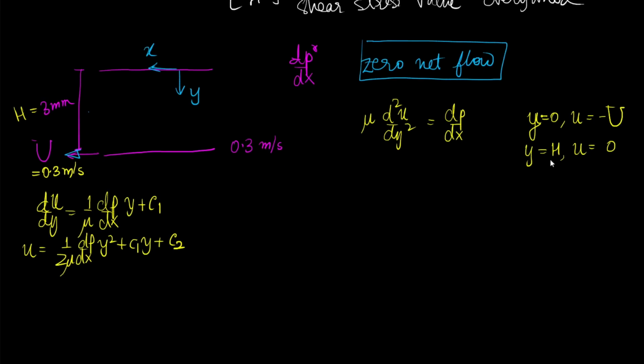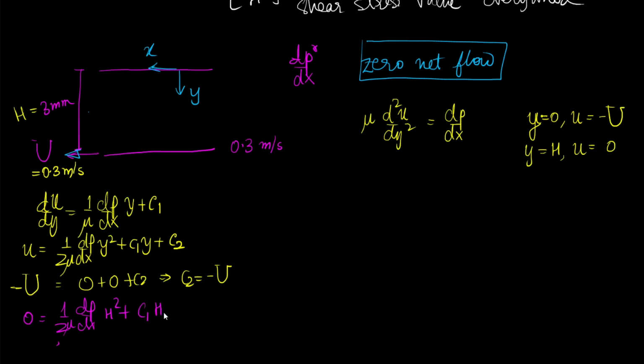So using the first boundary condition, at y equal to 0, u equal to minus capital U, so minus U is equal to 0 plus c2. So c2 is equal to minus capital U. Using the second boundary condition, 0 is equal to 1 upon 2 mu dp dx h square plus c1 h.